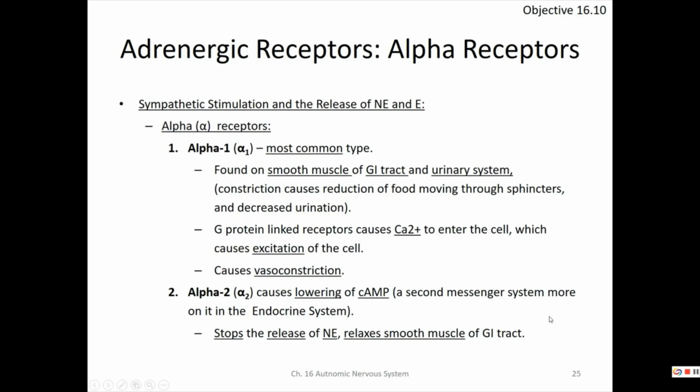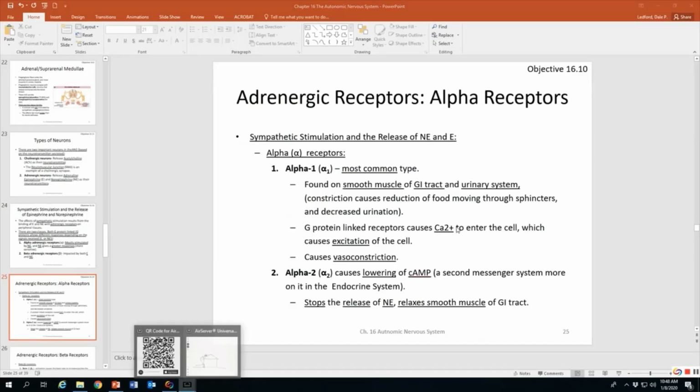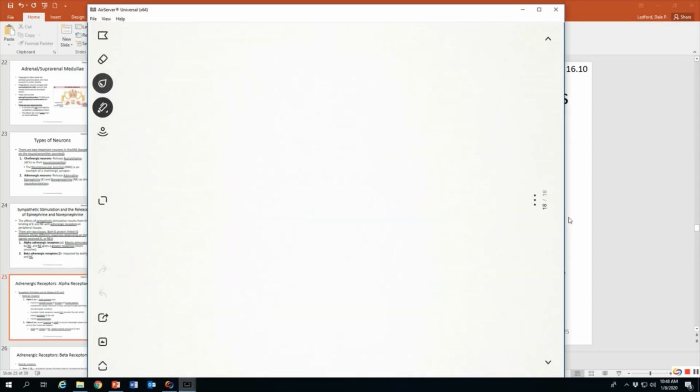So what we see here is we relax smooth muscle, so food isn't moved through anymore. We just stop moving food through the gut. Okay, alpha 1s contract the sphincters. Alpha 2s relax the gut, and they stop releasing norepinephrine. I'll show you what I mean by that.